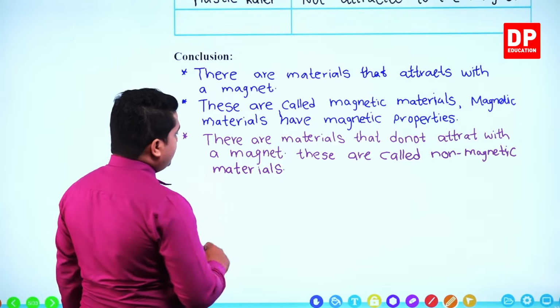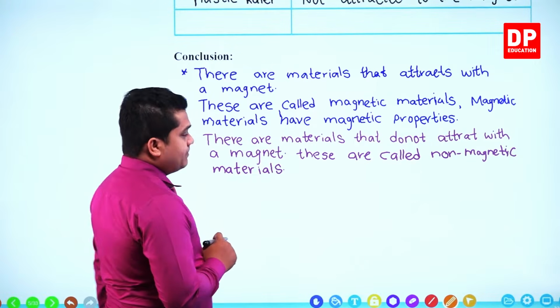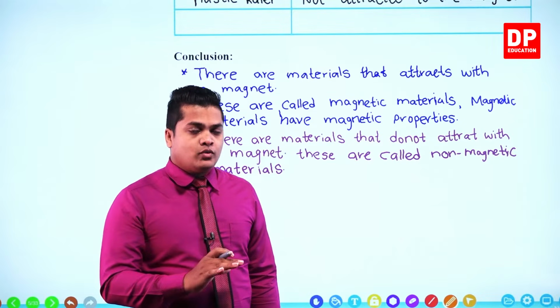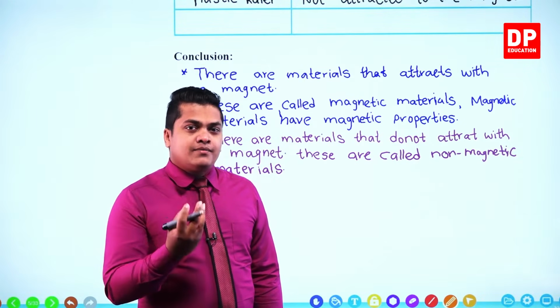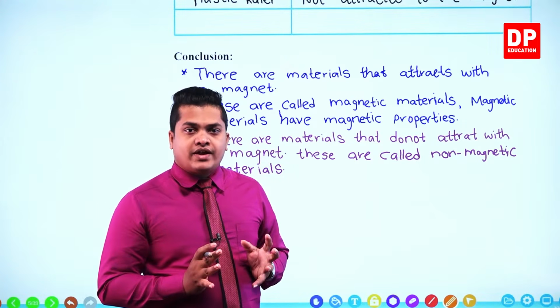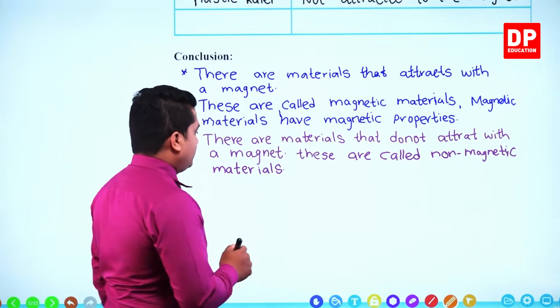The specialty in non-magnetic materials is, we know that magnetic materials which are attracted towards a magnet have magnetic properties. So non-magnetic materials do not have magnetic properties, right?